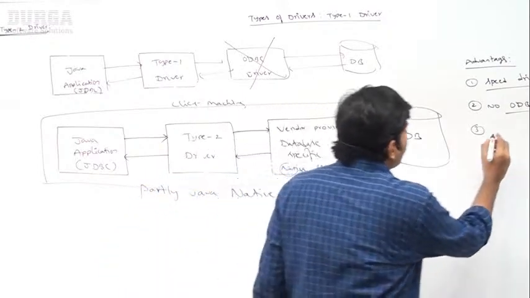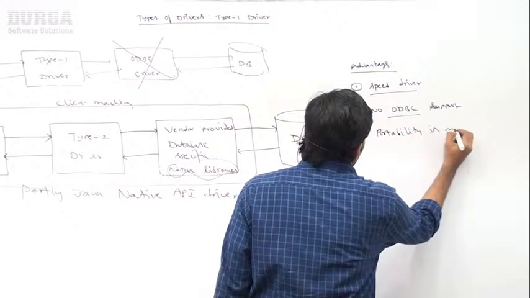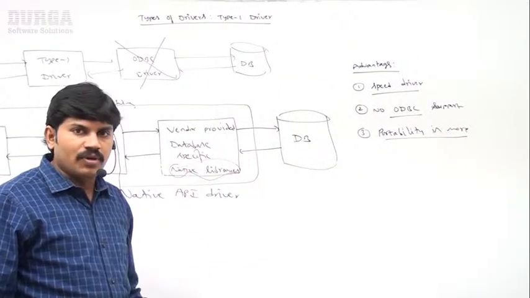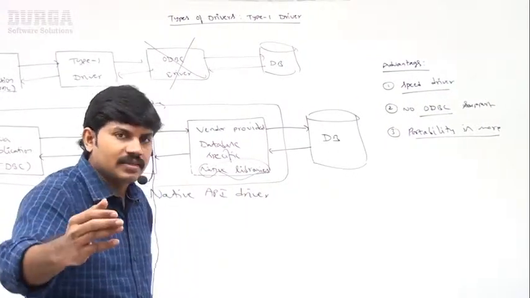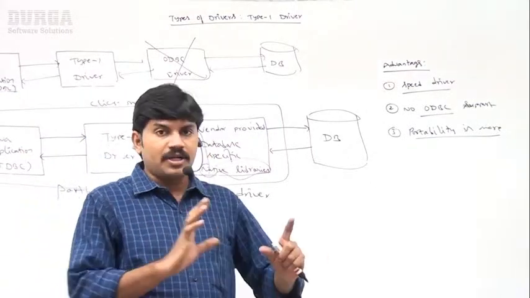So when compared with type 1, portability is more. Sir, don't get confused, sir. It is a platform dependent driver only, but make sure, sir, if you want to communicate with Linux, a separate type 2 driver is there. If you want to communicate with Windows, a separate type 2 driver is there.